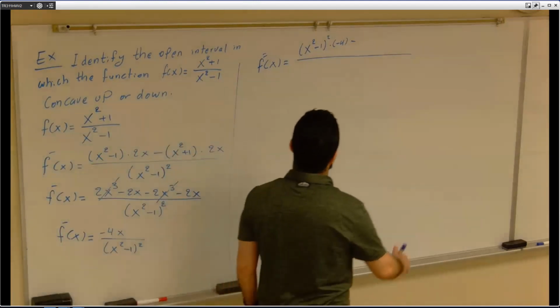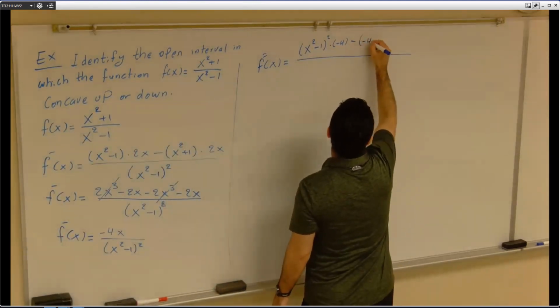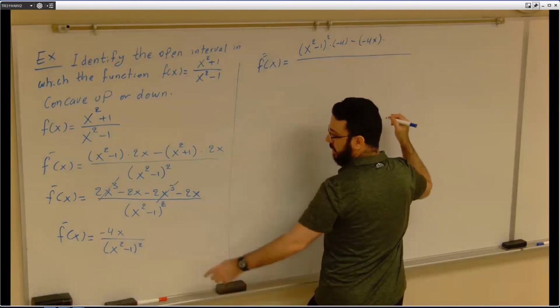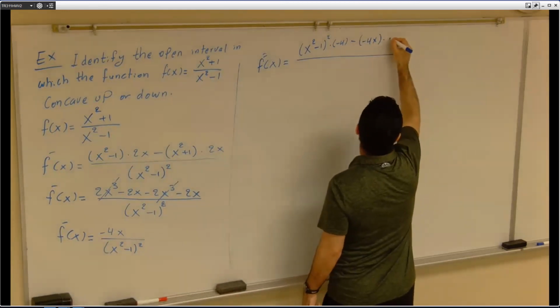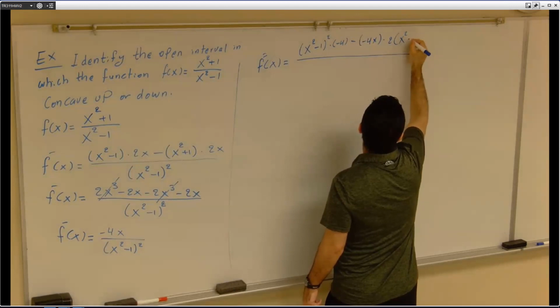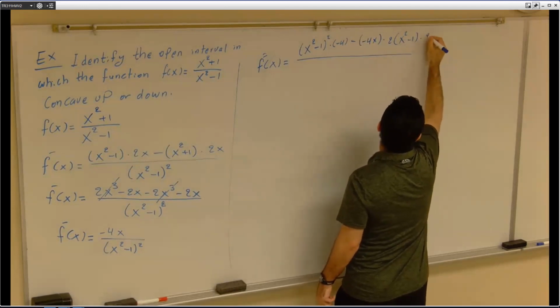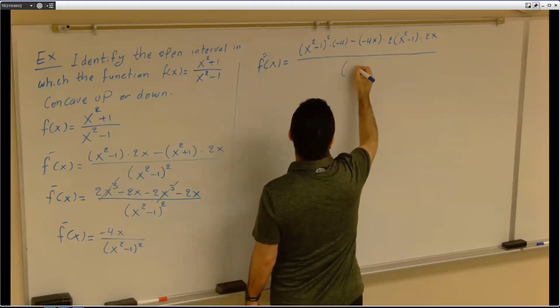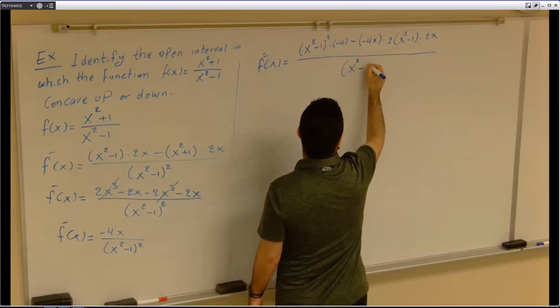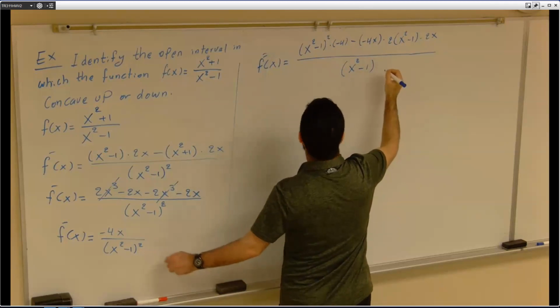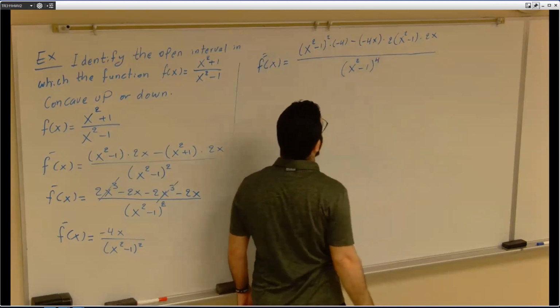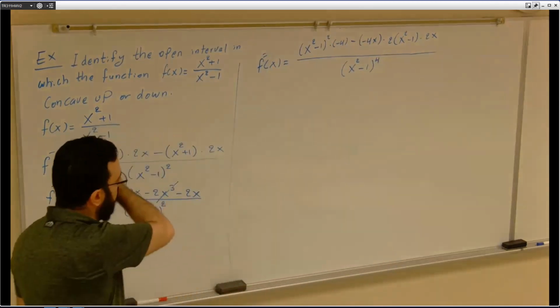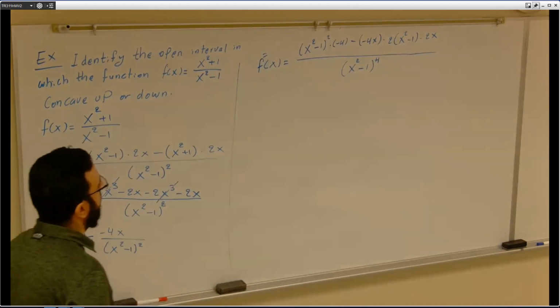The top part is negative 4x, so here is negative 4x times 2 times (x squared minus 1) times the derivative of the inside, which is 2x. And everything is going to be divided by (x squared minus 1 squared) squared, which is to the power of 4.